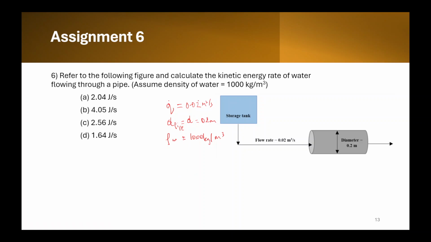So we know volumetric flow rate, we know density of water. So we can find out mass flow rate, right? So mass flow rate will be m dot equals Q dot into rho w. So 0.02 into 1000, mind you, 0.02, not 0.2.